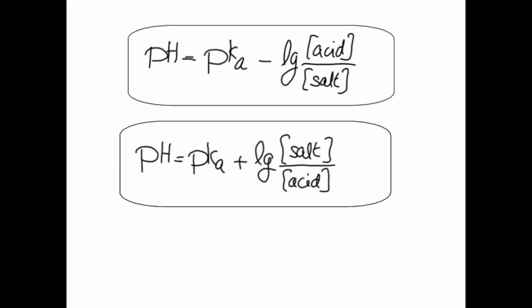Now you have to copy the formula for the pH of a buffer solution. Okay. There are not two formulas. There is only one formula, but for the inverse of the ratio, the fraction, the sign changes.